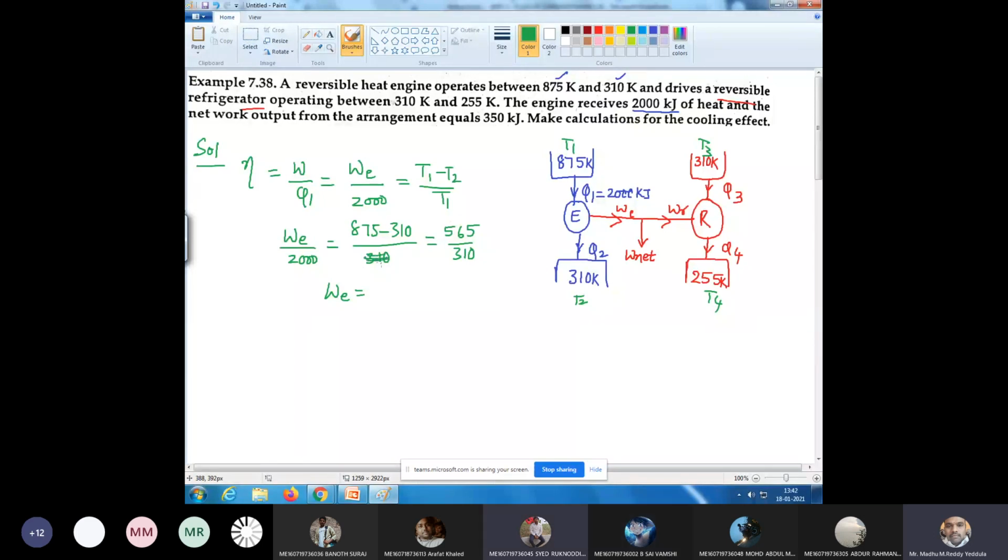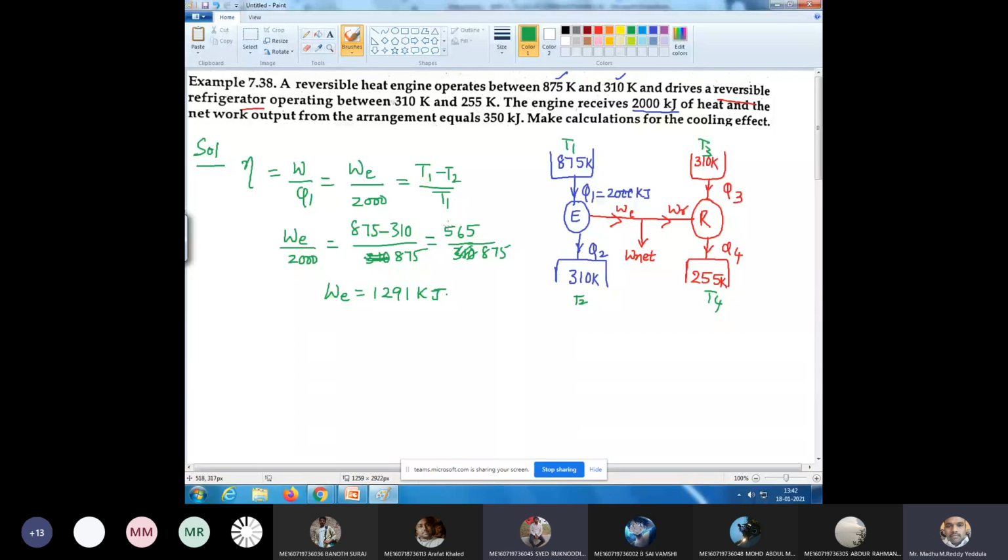Yes. So then this value will be less than 1, and then it will be less than 2000. Now tell me. 1291. Very good. 1291 kilojoules, right? Units are kilojoules only.